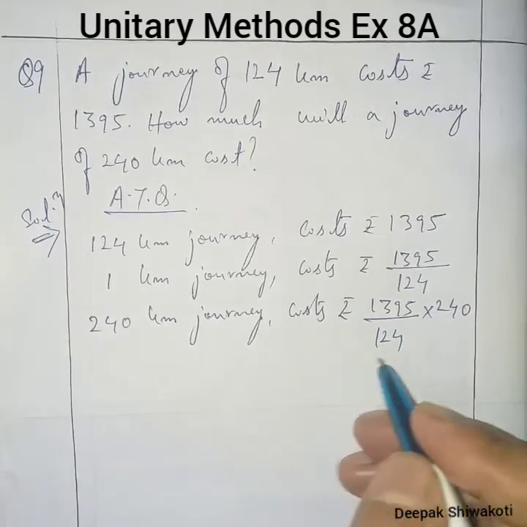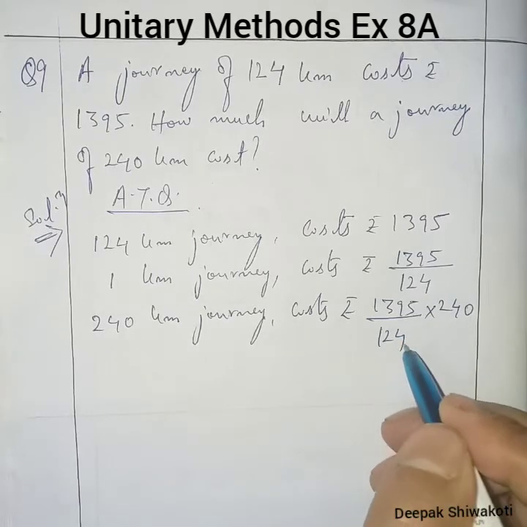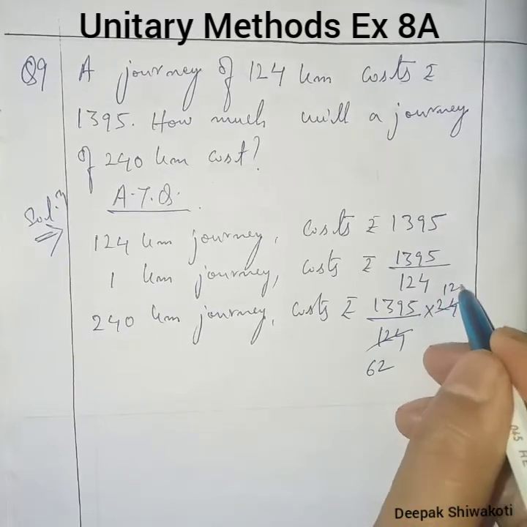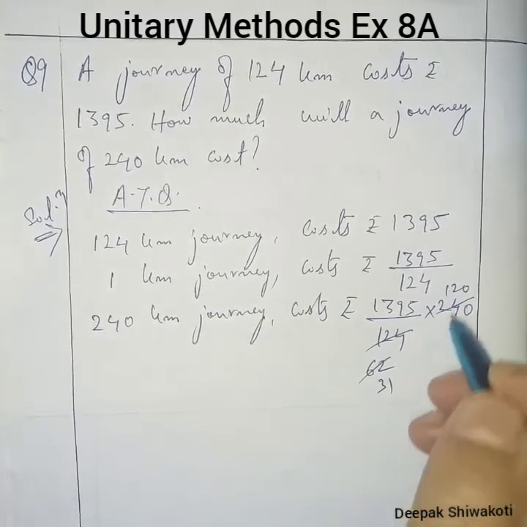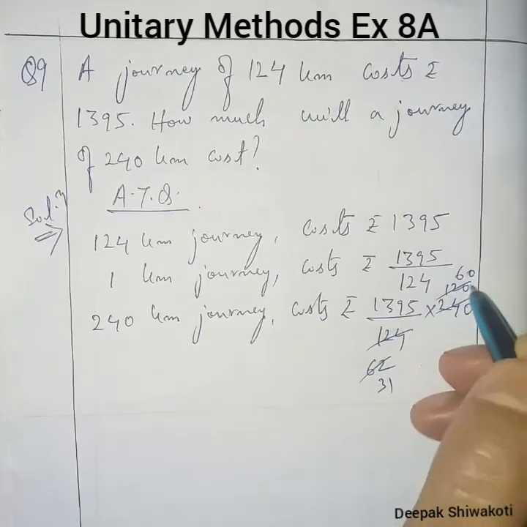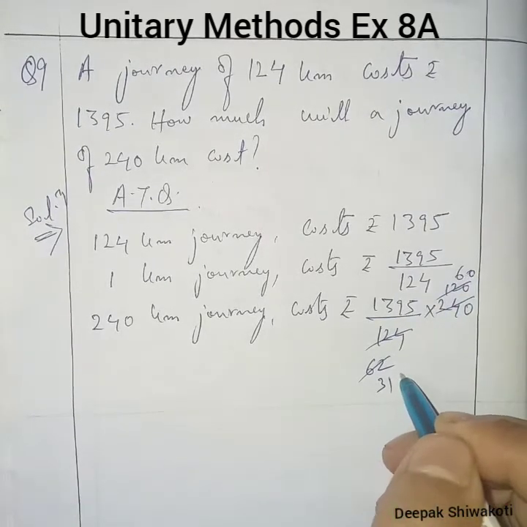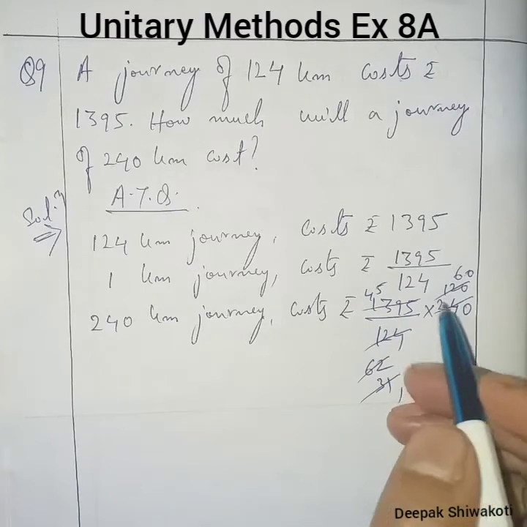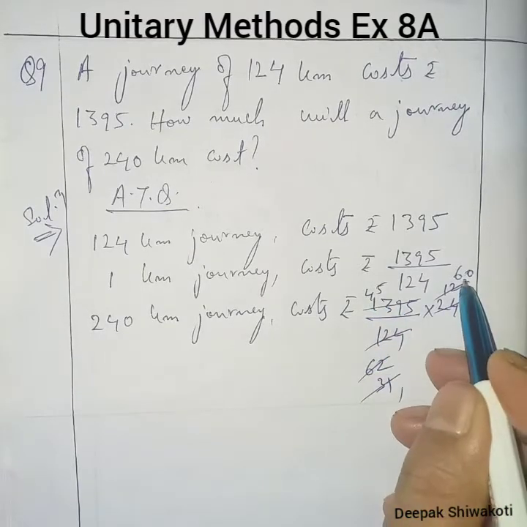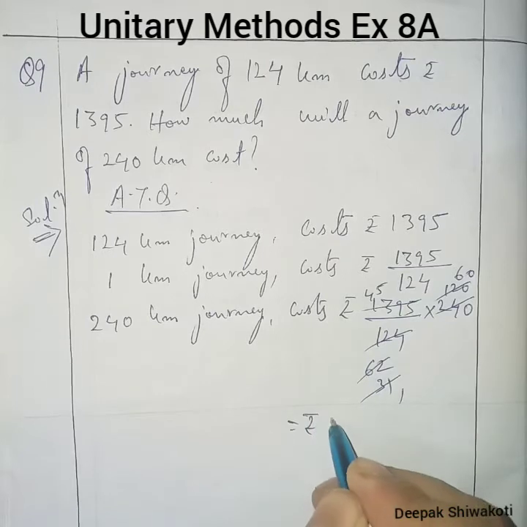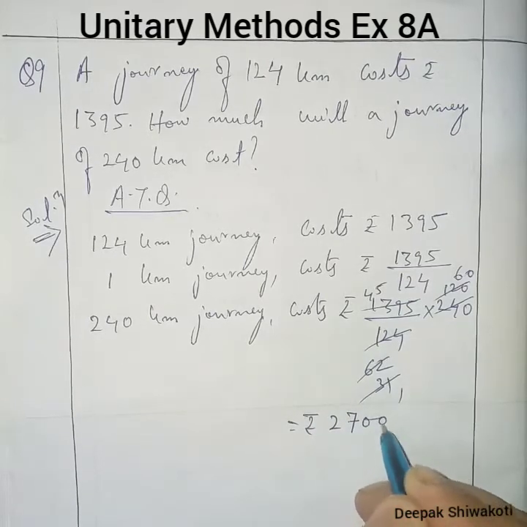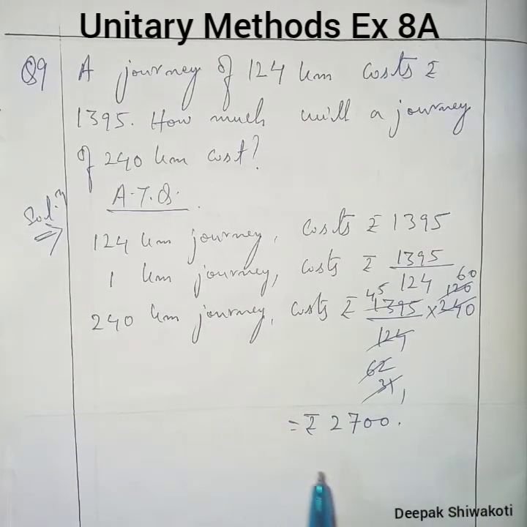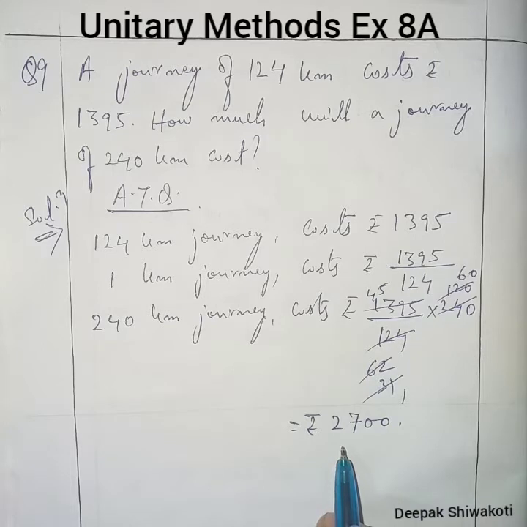So when we simplify it by 2 here, and this 31, and this goes 45 times. Okay, 45 into 60 will give us rupees 2700. So the cost of 240 kilometer journey is equal to rupees 2700.